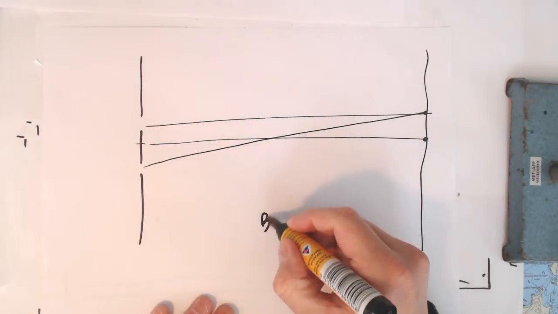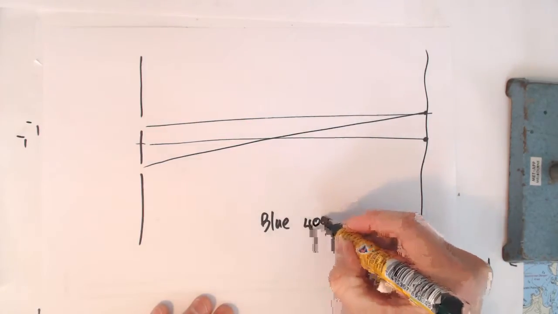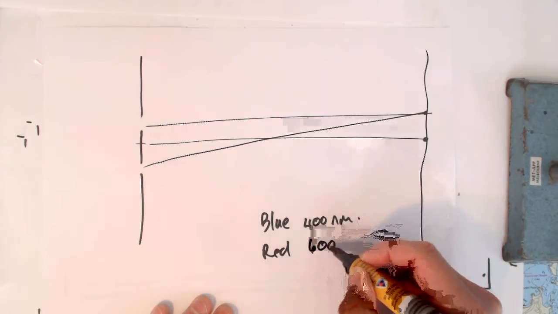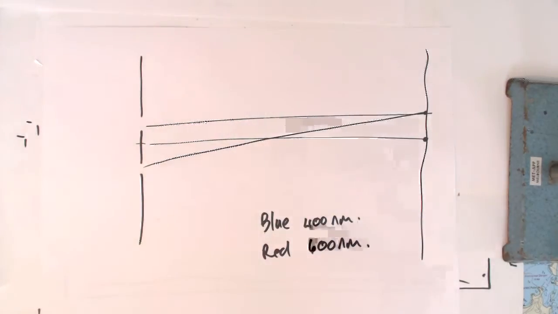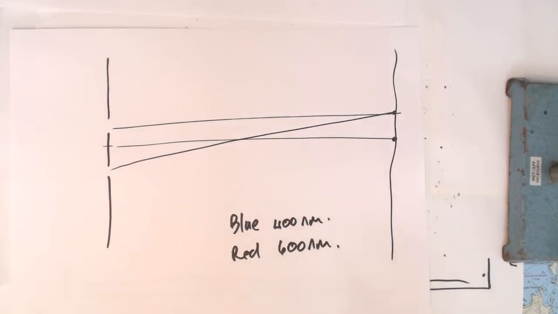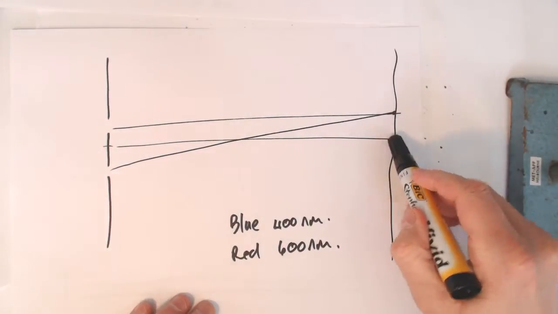But blue has a wavelength of about 400 nanometers, and red has a wavelength of about 600 nanometers, right? So half a wavelength for blue is a smaller distance than half a wavelength for red. So the blue's going to be half a wavelength different before the other one.